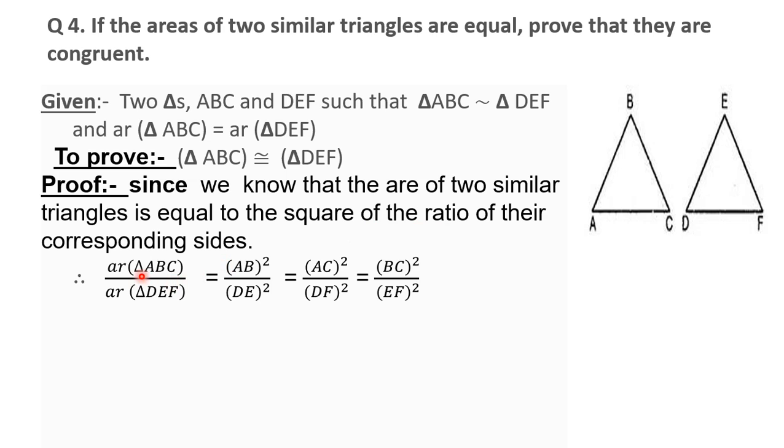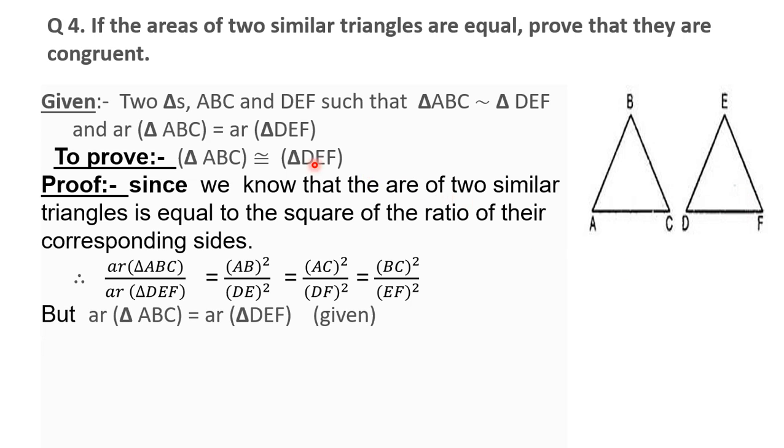So we write area of triangle ABC upon area of triangle DEF is equal to AB square upon DE square, which is equal to AC square upon DF square, and BC square upon EF square. We are writing the ratio of the corresponding sides.